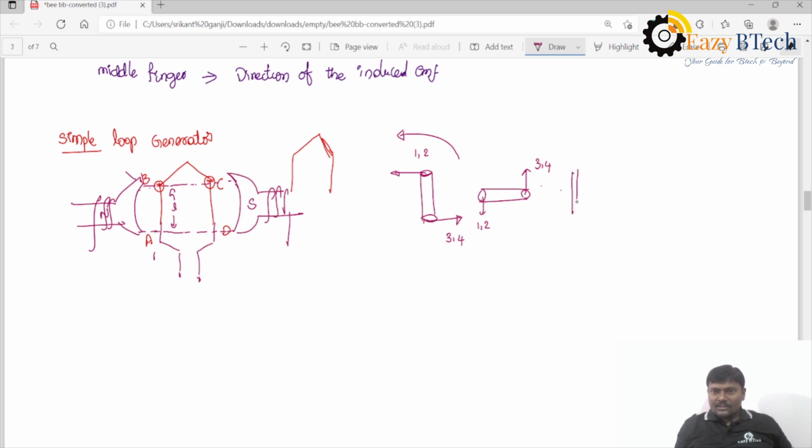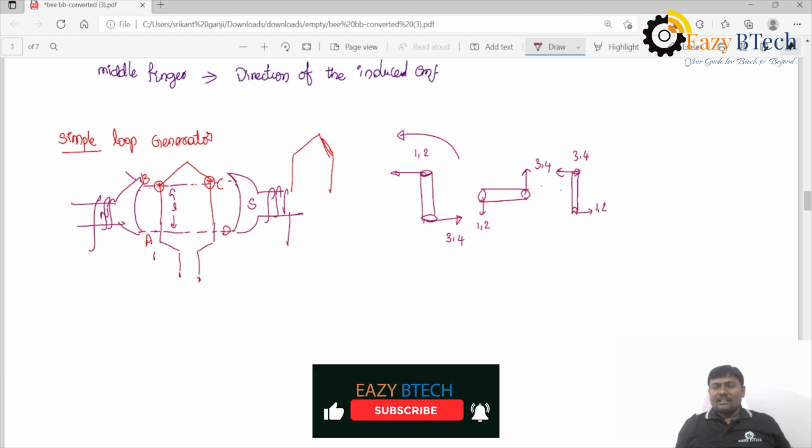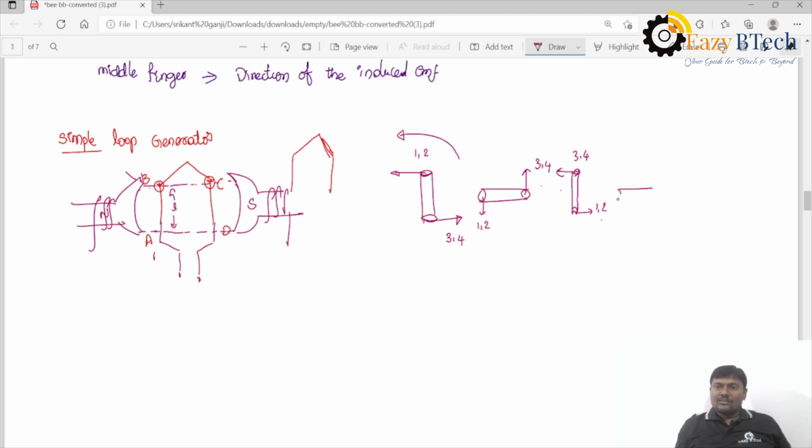So after half rotation, what will happen? This 3 comma 4 comes to this position, and 1 comma 2 comes to this position, and again you can go for the quarter rotation, and this will be 3 comma 4, and the upside is 1 comma 2.